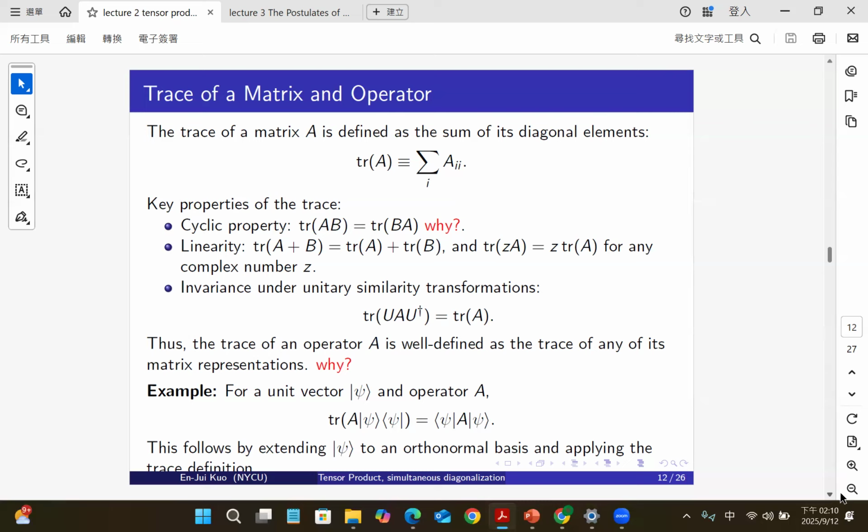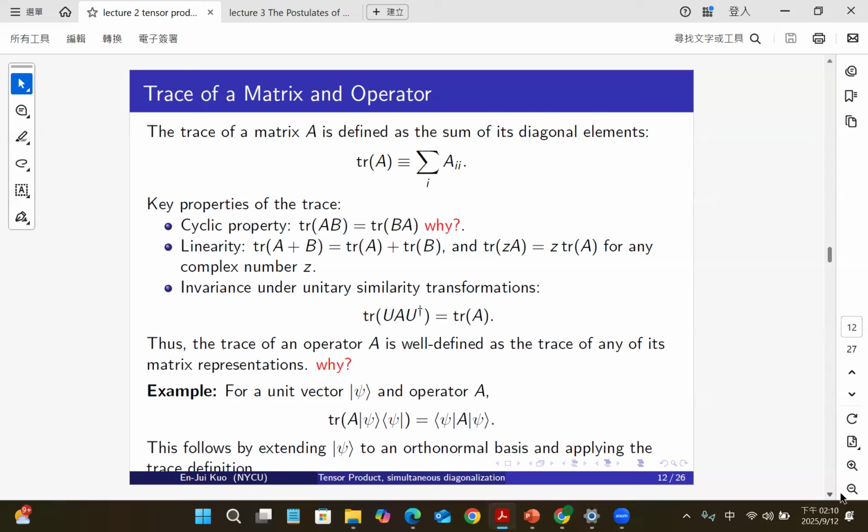So if you use this definition, it will give you AIK BKI. Not J, right? Because for II you replace this J with I. So you get AIK BKI summed over I and K. And obviously these are dummy variables, I and K, so you can replace the order of I and K. Then you prove this is trace BA.